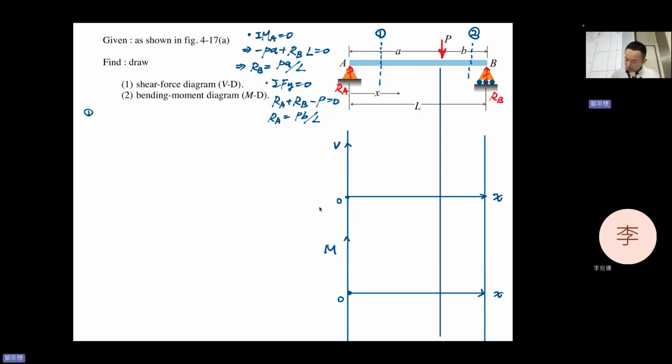One, if we cut and we leave the left hand side, and we have R_A here. A very important thing here is that we cut one, and because we want to see that x, maybe you can move it here.